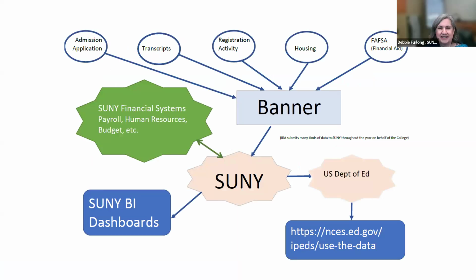This is a picture that I put together back when we were training Anna, I think. Sometimes it helps if you think about where the data comes from, because we're not sitting around in IR making this stuff up. The data comes into our system, and the big system that filters most of our information is Banner, an enterprise application. But where does Banner get its stuff?